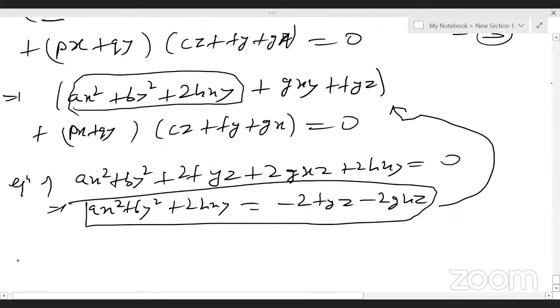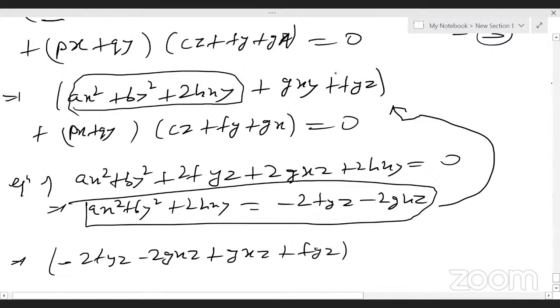So you will get minus 2fyz minus 2gxz plus gxz plus fyz, okay, plus px plus qy into cz plus fy plus gx, okay.